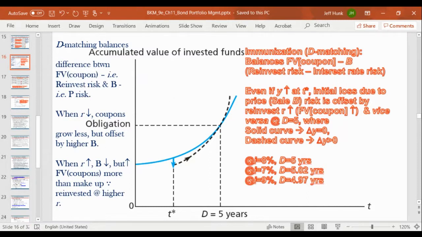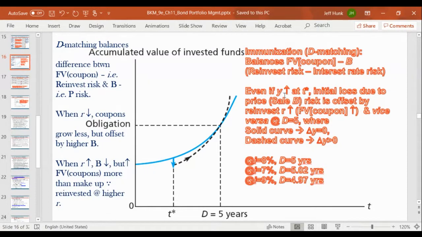So when interest rate goes down, coupons grow less, but it's offset by higher bond price. But when interest rate goes up, bond price goes down, but the higher future value of the coupons more than makes up for that loss, since the coupons are reinvested at higher interest rate.